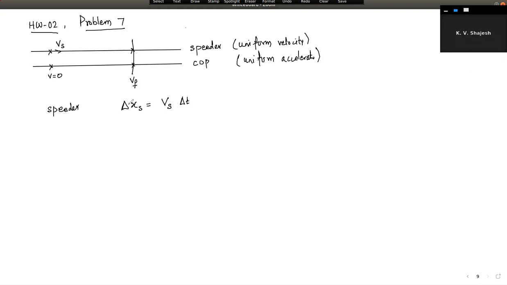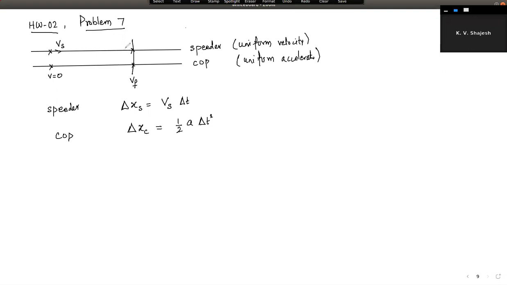As time evolves, the position of the speeder changes. As far as the cop goes, delta x cop is equal to the initial velocity of the cop, which is 0, plus half a t square, where a is the acceleration of the cop, times delta t square. As time evolves, the position of the cop changes.